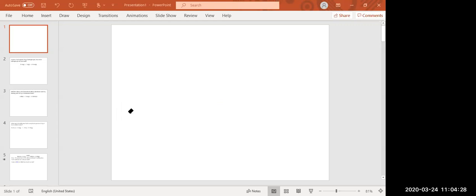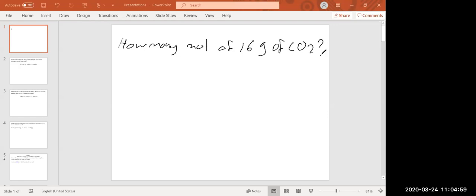Okay, if we say, for example, how many moles of, let's say, 16 gram of CO2 we have. Look here, we have 16 gram. Start with that one, 16 gram CO2.